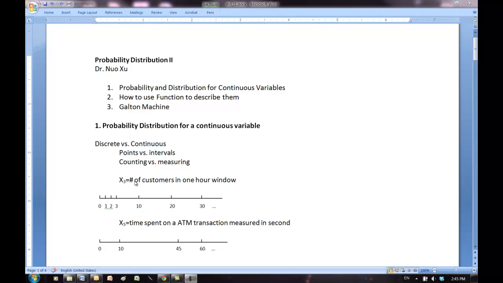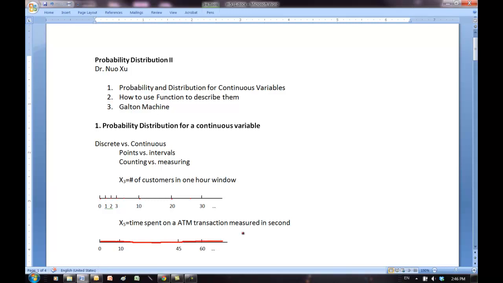For example, for x3, the valid values are represented as points here, each of these individual points, which are any positive integers. Whereas for x5, the valid values cover a wide interval like this.